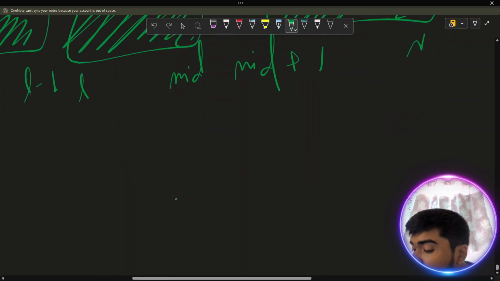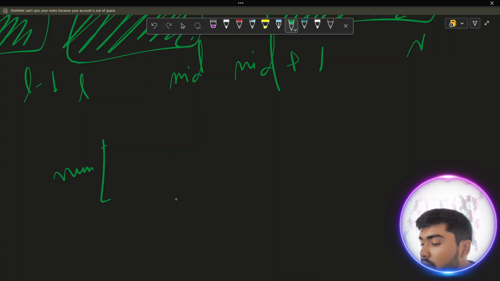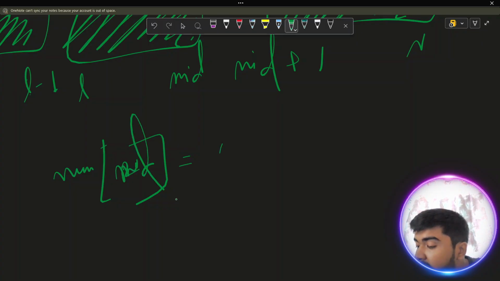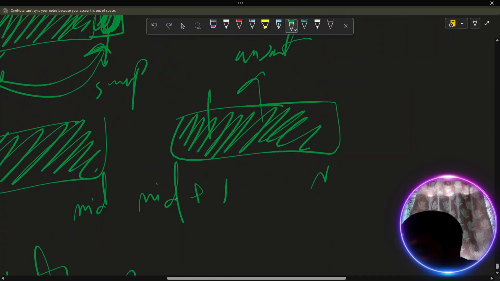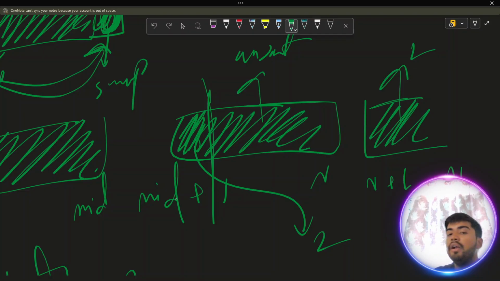So now, what case did we consider? We have considered the case of 0. Now consider the case of 2. So if nums of mid is 2, let's suppose on these elements we have encountered a 2, and we know right plus 1 to n minus 1, these segments are all holding 2s, right?